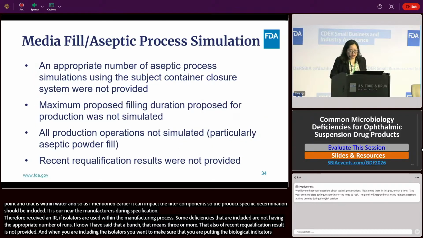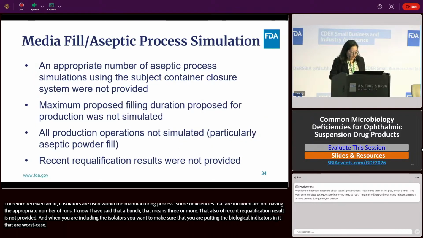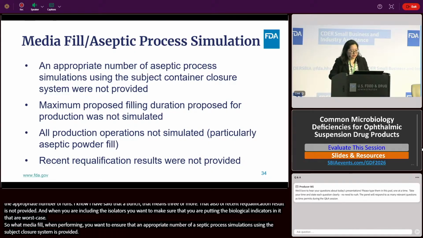So media fill. When performing media fills, you want to ensure that an appropriate number of aseptic process simulations using the subject container closure system is provided. Typically, if you're using a bracketing approach, you want to make sure that at least your subject container closure is within that bracket.